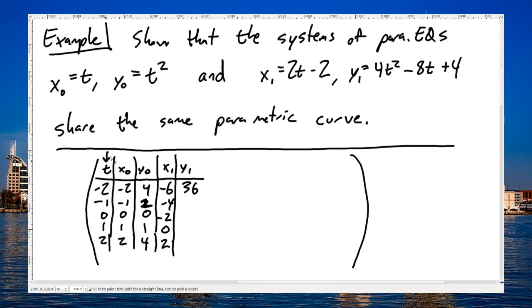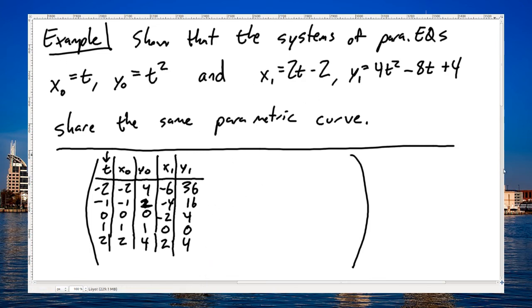Remember, we're always plugging in from this column right here. So plugging in -1 for t, I'll get 4 plus 8 is 12, plus 4 is 16. Plug in 0, that's the easiest, that's just 4. Plug in 1, we'll get 4 minus 8 plus 4 is 0. And then plug in a 2, we'll get 4 times 4 is 16, minus 16 cancels, comma 4.